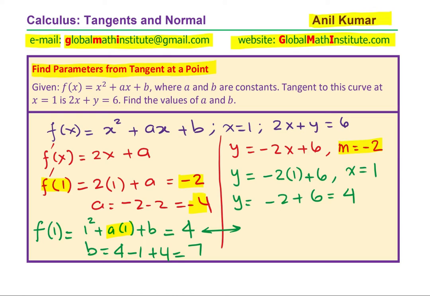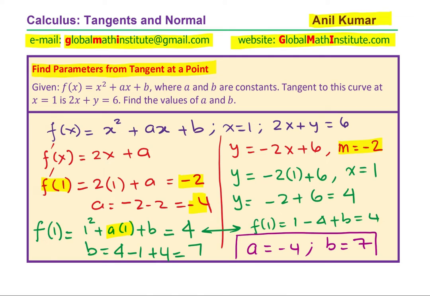Because a is minus 4, I could have written here f of 1 equals 1 minus 4 plus b equals 4, and then get this result. So by doing so, we have our solution, and clearly the solution is that a is equal to minus 4 and b is equal to 7. Is that clear to you? Simple. So what I've shown here is how from the given information we can derive the results, correct?